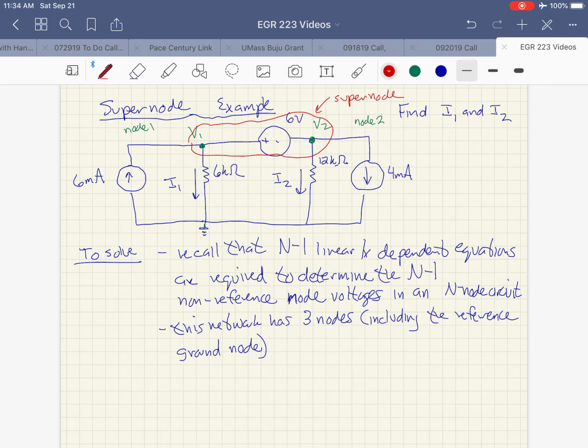So if we look at V1 and V2, bear with me here, let me switch back to blue. Looking at V1 and V2, the difference is constrained by the voltage source.